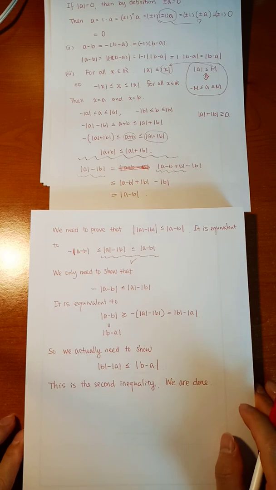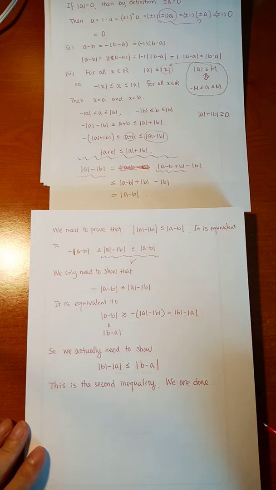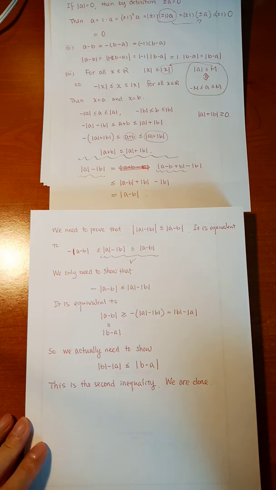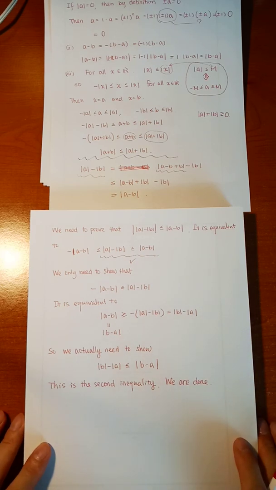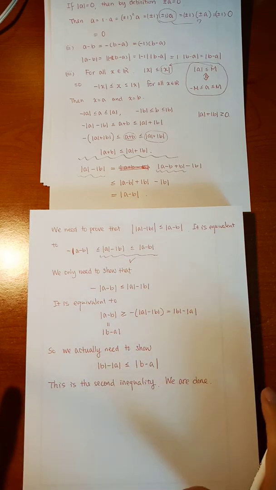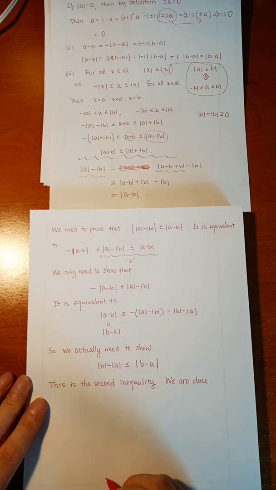The triangle inequality. The reason this inequality is called the triangle inequality is the following. If you study a little bit of geometry, you will see that in the plane, we can have something called a vector.